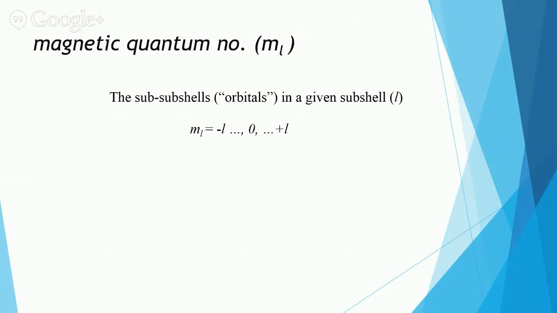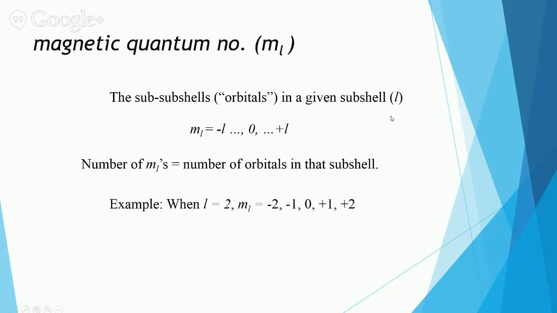So whichever subshell we're talking about, the values of M sub L are going to go from negative L up to plus L, including 0. So again, the number of allowed values is what we're looking at. However many M sub L's are allowed for that particular value of L, that tells us how many orbitals are in that particular subshell.